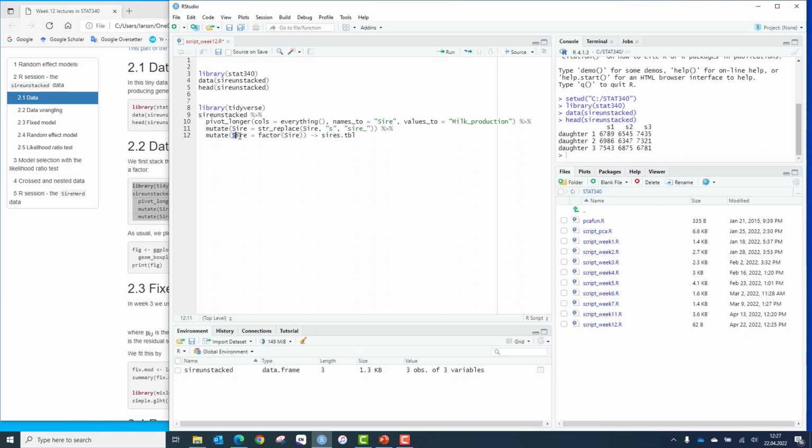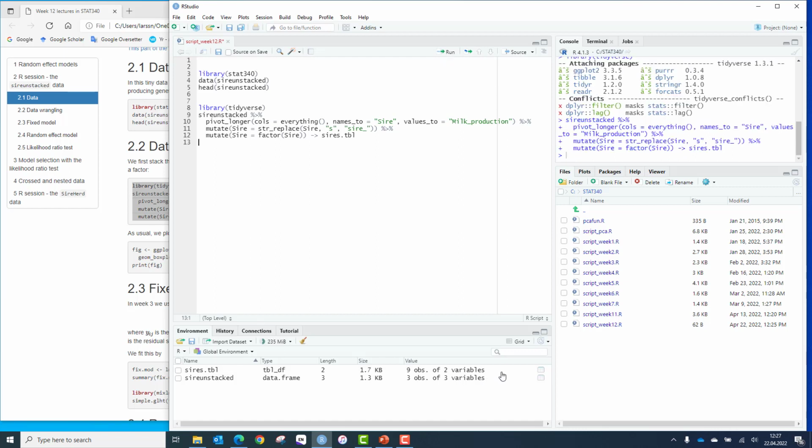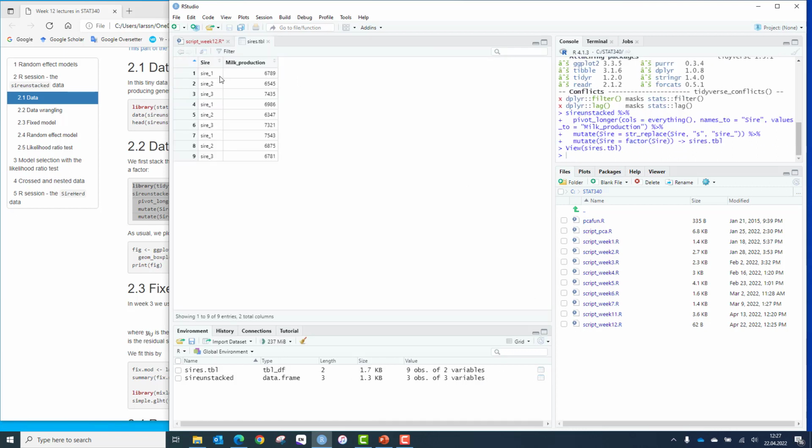And then I mutate this so that it is really a factor. Let's run this code. We need to load the tidyverse packages in order to use it, so let's do that first. And now we have the sires table. It looks like this: sire as a factor with 3 levels, 1, 2, 3, 1, 2, 3, 1, 2, 3. And here's the milk production for each of the sires, the 3 daughters for each sire.